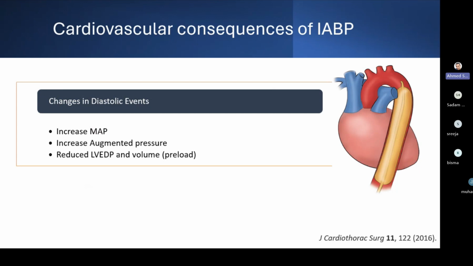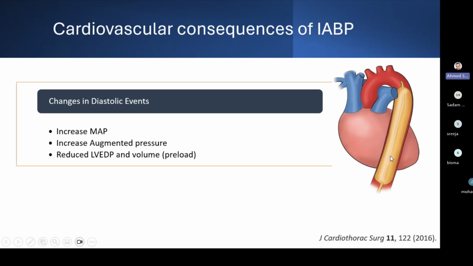Going to the changes in the diastolic event, as you see, during the diastole the intra-aortic balloon will start the inflation, and it will occlude almost 80 to 90% of the aorta, and this will lead to upward displacement of the blood toward the upper limb and the cerebral circulation, and also toward the coronary circulation, and downward to the distal organs.